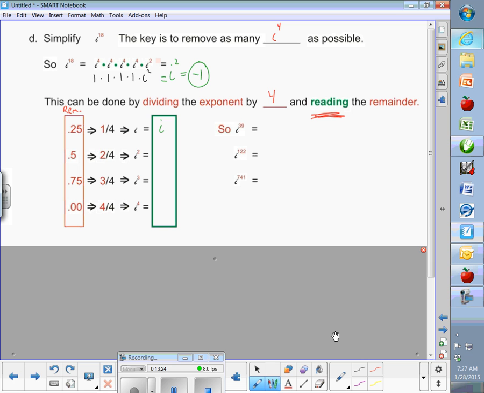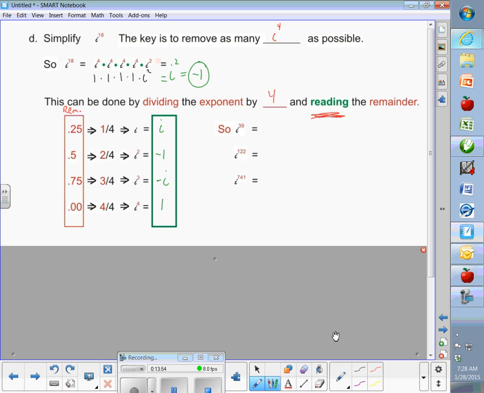I. If you had 0.5 left, you have 2 i's, or I squared. I, negative 1. If you have 0.75 remainder, you had 3 i's left. I, negative 1, negative I. And if you had no remainder, there were 4 of the 4 i's, and I to the 4th is 1. I, negative 1, negative I, 1. You can just simply read the remainders.